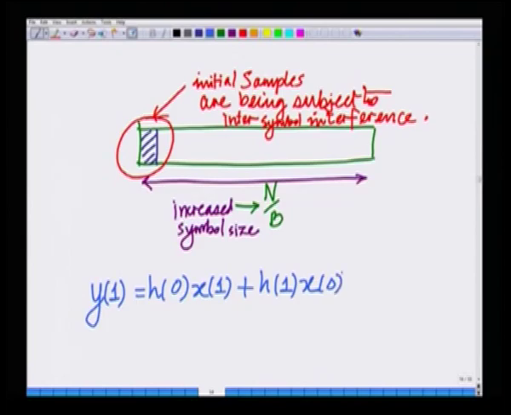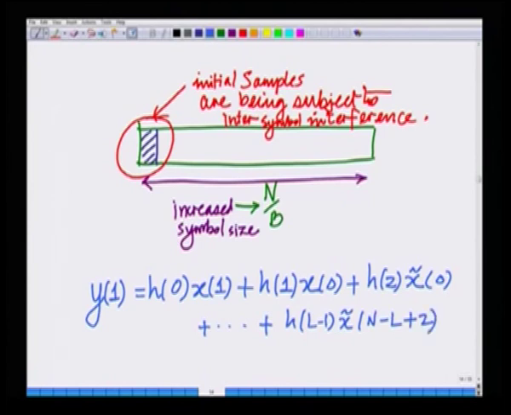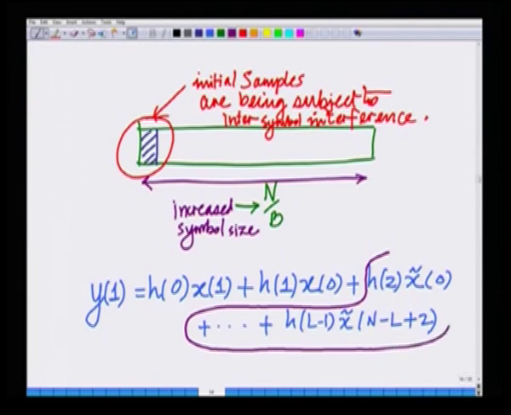Until here it is fine, this is the same OFDM symbol, but now when you look at h2, I have h2 x tilde 0 plus so on, h L minus 1 x tilde n minus L plus 2, all right, and this portion here again corresponds to the intersymbol interference part.